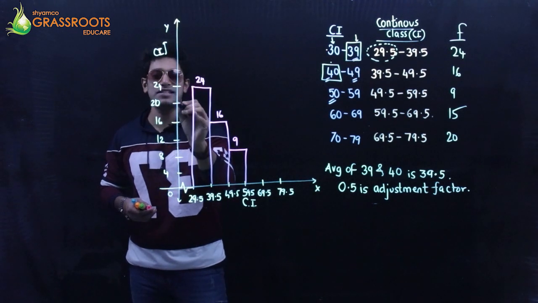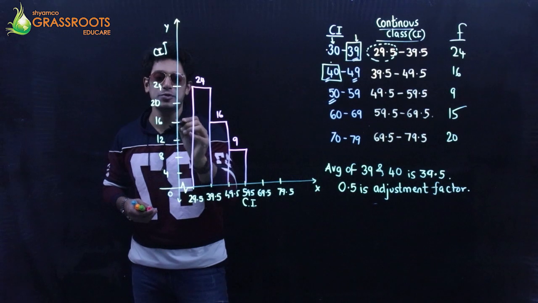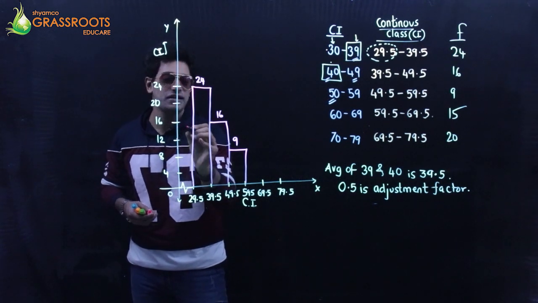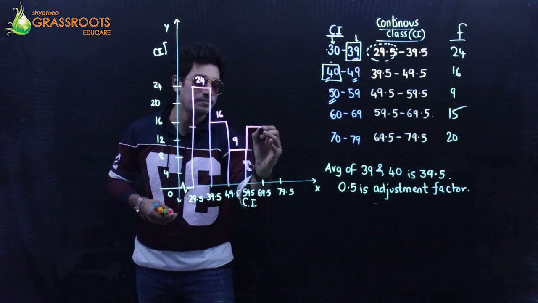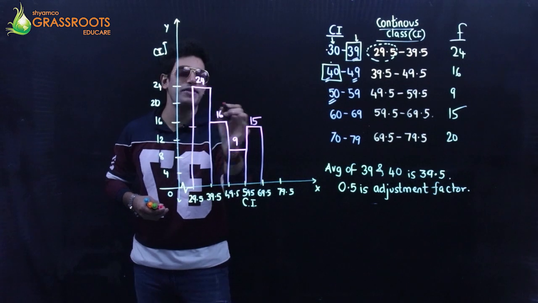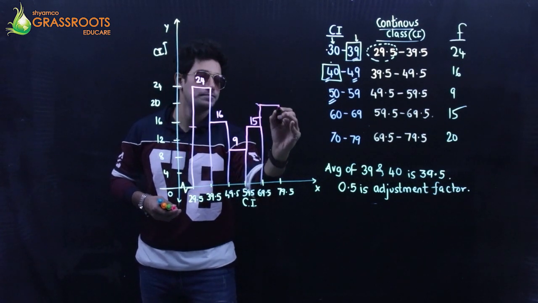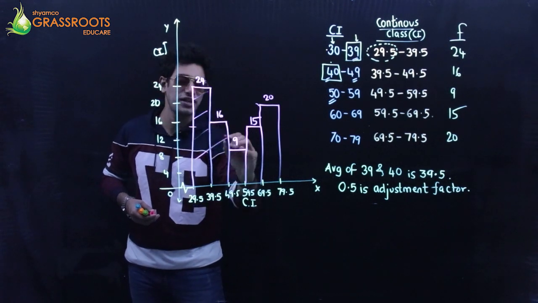Next is 15. Between 12 and 16 we have 14, and slightly greater than that will give you 15. And 20, we have a direct point. Okay, you just shade it. That's it.